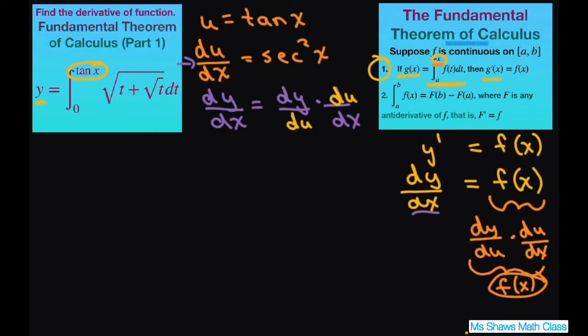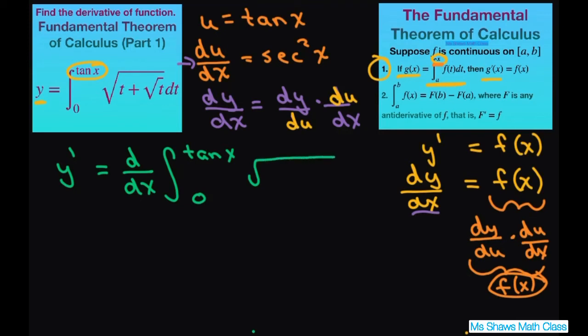So first of all, we're going to write this as y prime. We're going to find the derivative, so when you differentiate our function, we just write tan of x to 0, and then just copy all this down: square root of t plus square root of t dt.